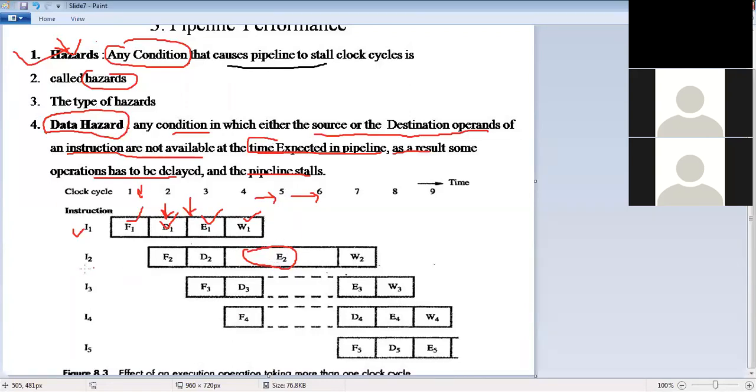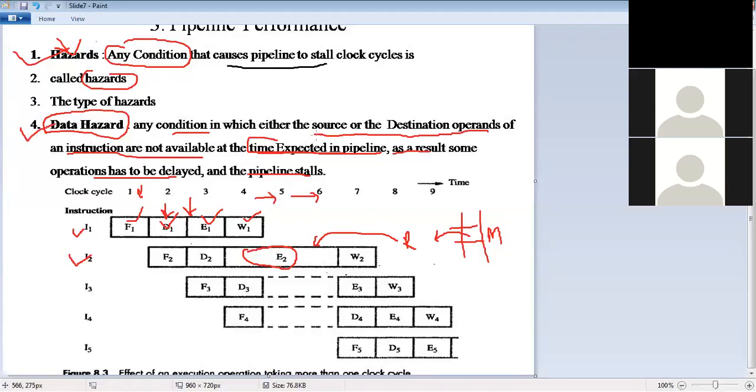Because the execution of instruction I2 requires an operand value which is not available in a register, but is available somewhere in memory. Hence, first the data is made available in the register, and then it is given to the execution. So one extra clock cycle is required, and this condition is called a data hazard.